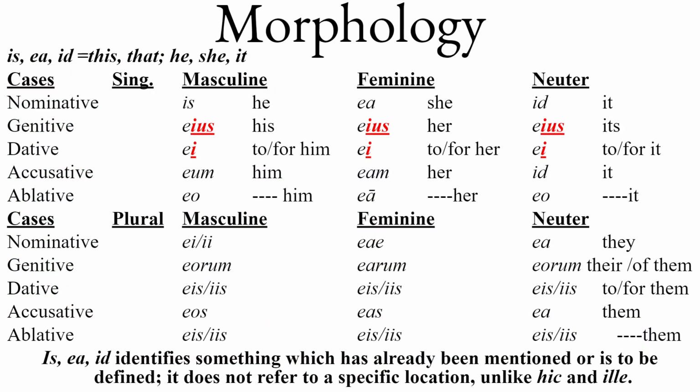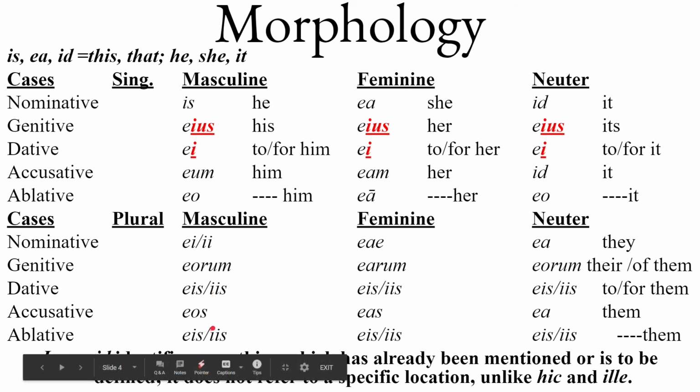All right, go over each of them once more so that you can refer back to them easily. Listen to this over and over and over again, and it should help you memorize the demonstratives. Starting with is, ea, id. Is, eius, ei, eum, eo, ei, eorum, eis, eos, eis.